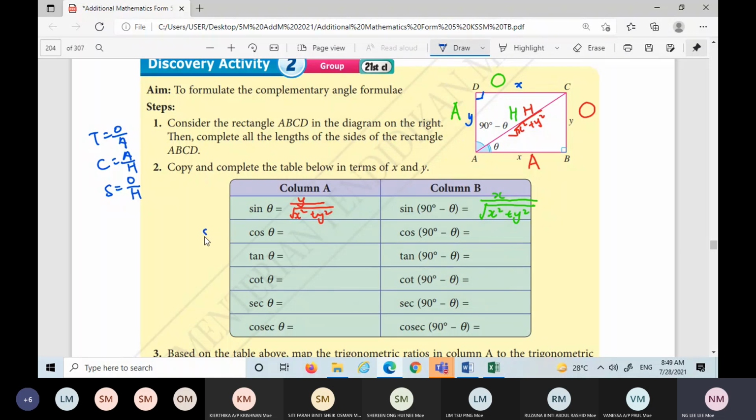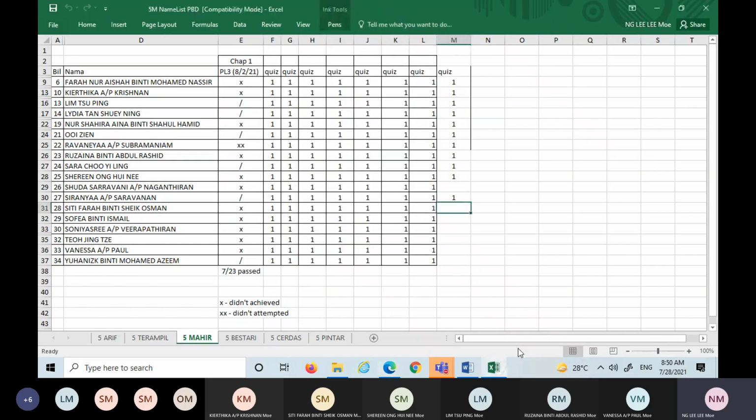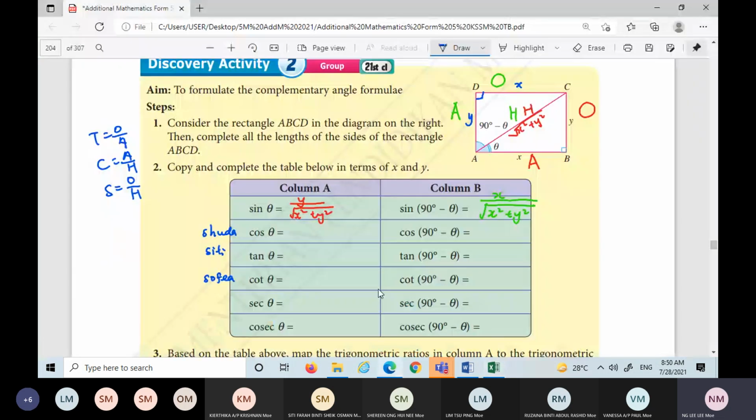Sudha, Siti Farah, Sophia, Sonia, Sri and Theo, you each answer one of these. You can type.